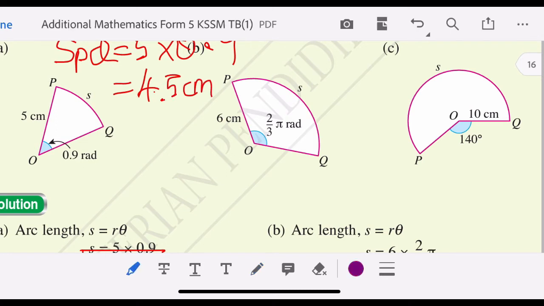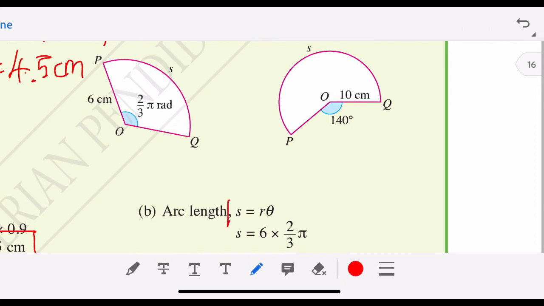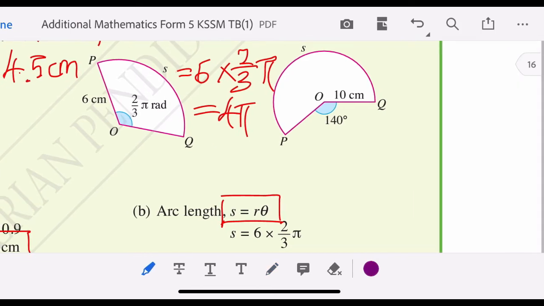For this one, also the same. We just use the simple formula, radius times the angle subtended, and you will get 4 pi.